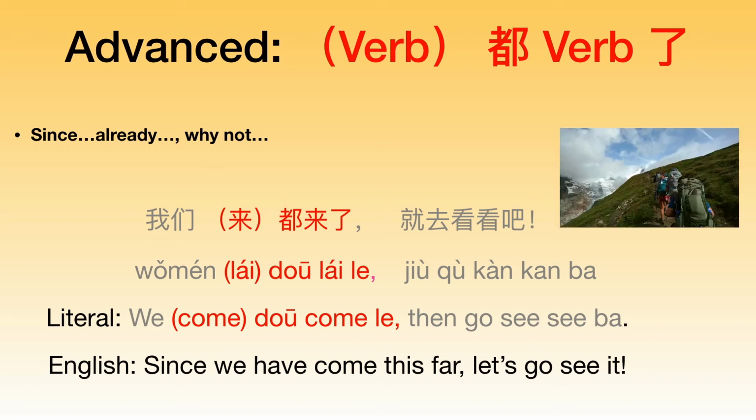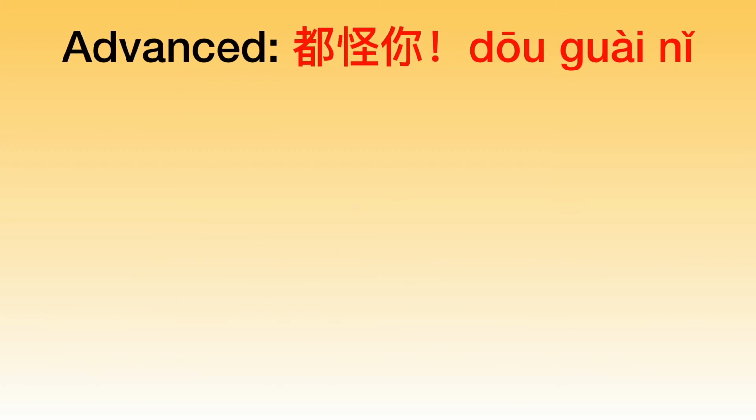Usually, when you are on a hike with a person, you're very tired, but another person gives you a cheer, saying, 我们来都来了，就去看看吧。Since you already came this far, let's go see the final destination.